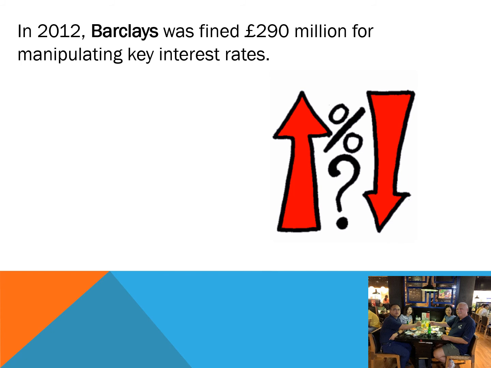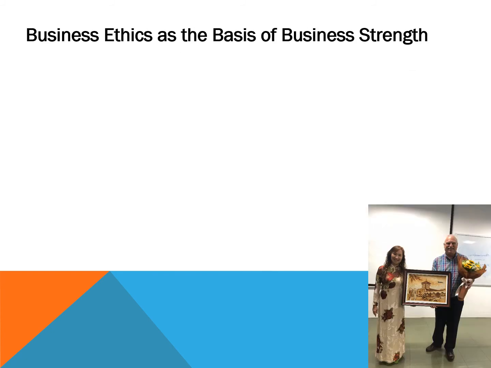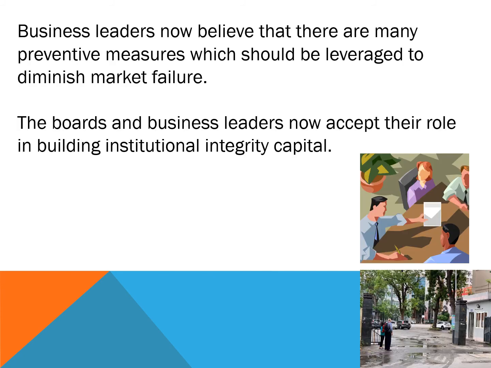Barclays Bank was fined $290 million for manipulating key interest rates. That'd be bumping the rates up and down to increase loans or to increase savings by people. Business ethics as the basis of business strength. Business leaders now believe that there are many preventive measures which should be leveraged to diminish market failure.